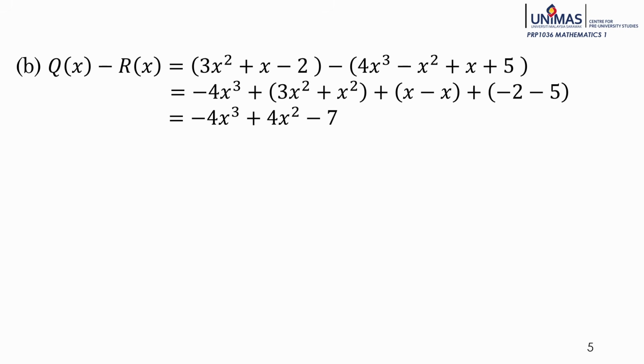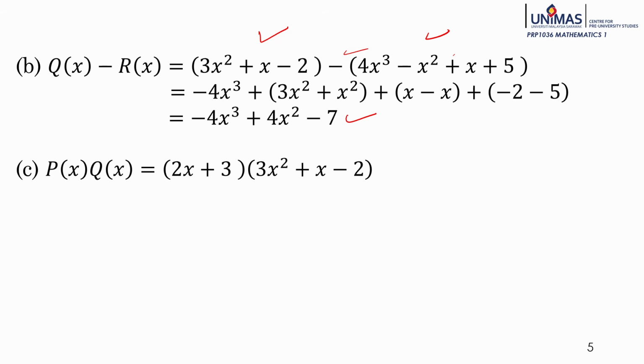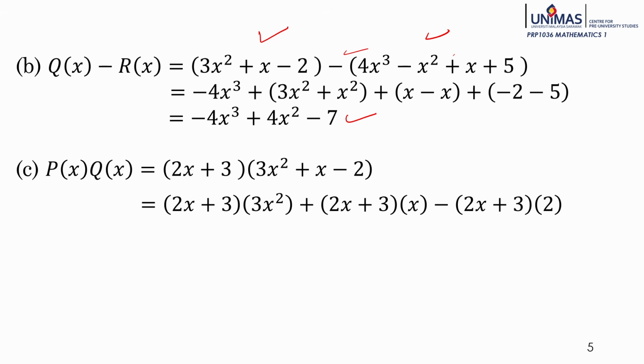Similarly, the next one is Q(x) minus R(x). You have to simplify the negative and positive first, and then you can get this answer. I hope that you try this. I do not explain in detail because it is a very simple calculation. Also this one is a multiplication, and then you can get this answer.